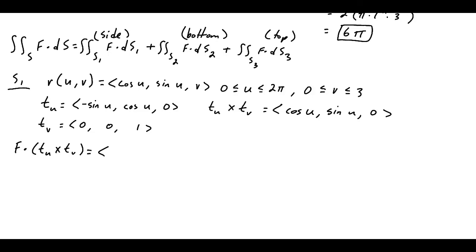And that means that this will be equal to open angle bracket cosine u plus sine u plus v, comma, sine u, comma, 2 cosine u minus sine u, end angle bracket.